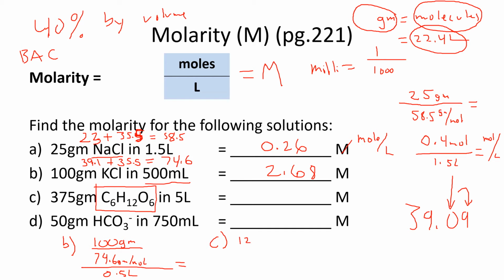So we have 12 times 6, 1 times 12, and oxygen is 16 times 6. That's 72 grams, and 6 times 6 is 36. Add those all together and I get 180.